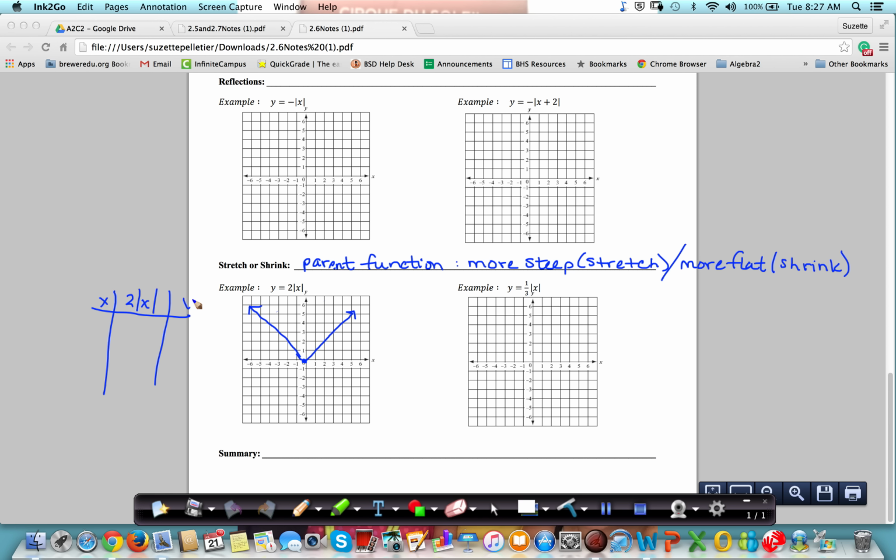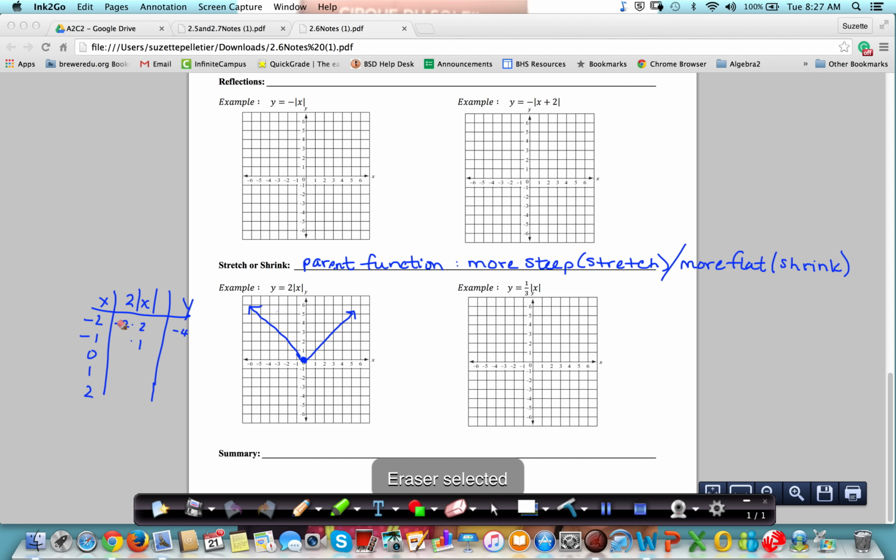Okay, so -2, -1, 0, 1, 2. Since the vertex is right on the axis of symmetry, I chose a few to the left of the axis of symmetry and a few to the right. The absolute value of -2 is 2, and 2 times... whoops, I just made a mistake.